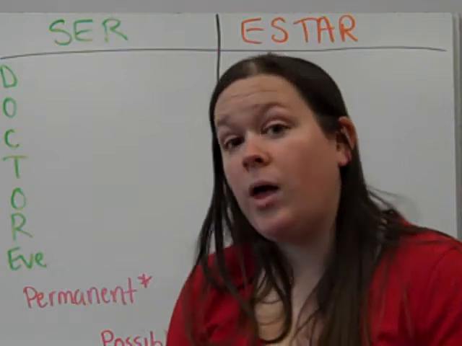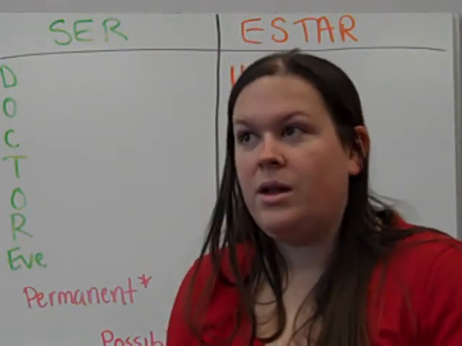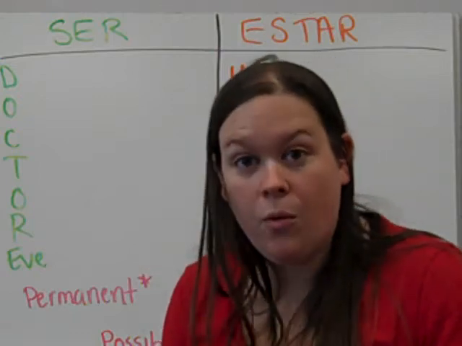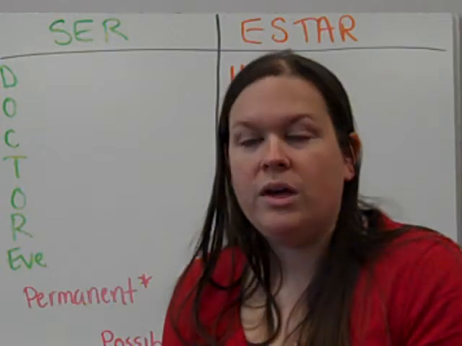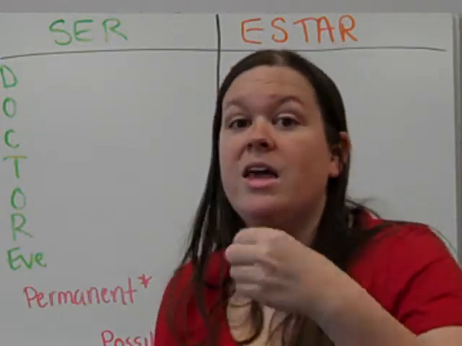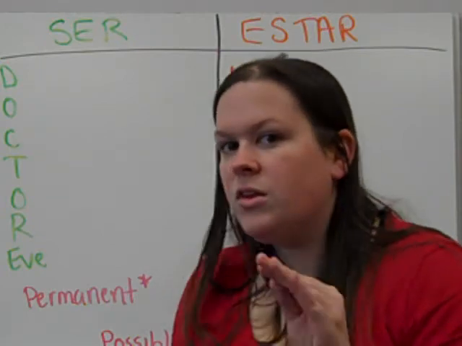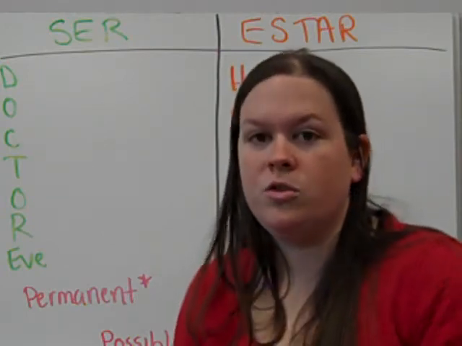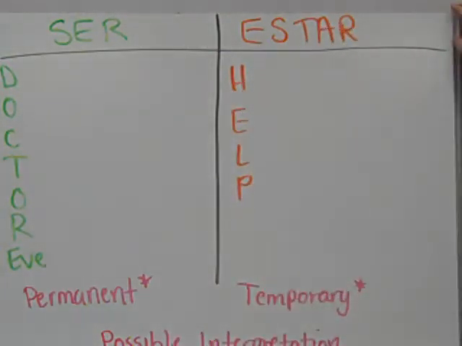But if you're complimenting her and saying, you look really pretty today, that's not to say that she's never been pretty before, but the word today indicates that it's different from normal. So instead of ser it's going to be a temporary thing, estar. So ella está bonita hoy. So sometimes there's a little wiggle room for which verb you should choose, but almost always it's very clear which one for the situation.